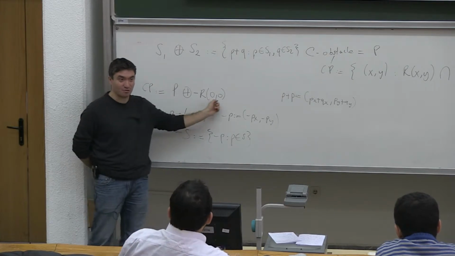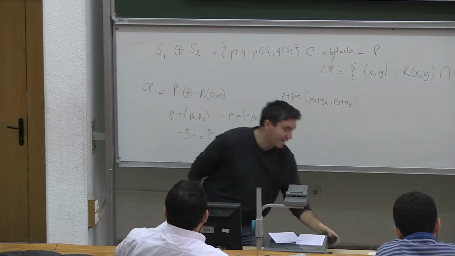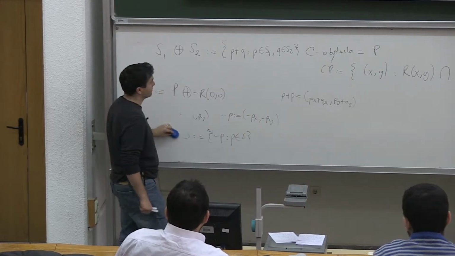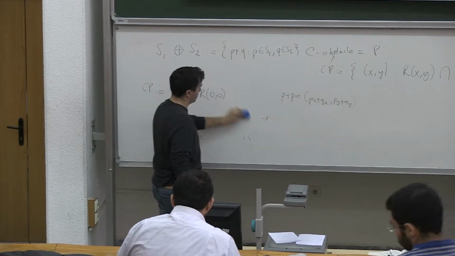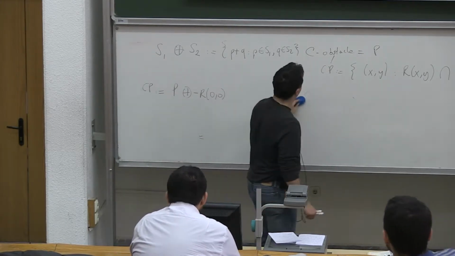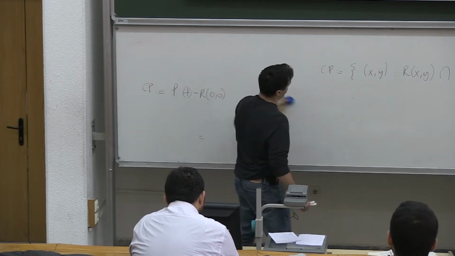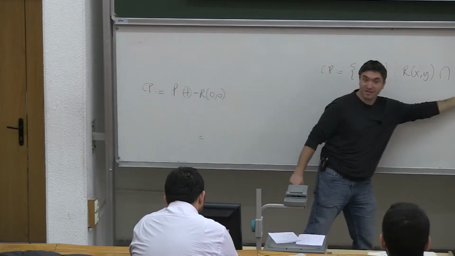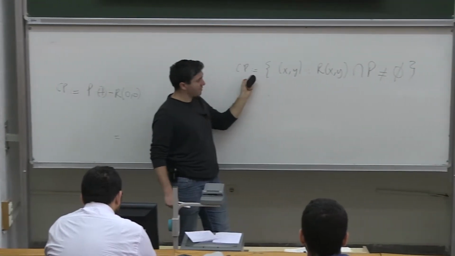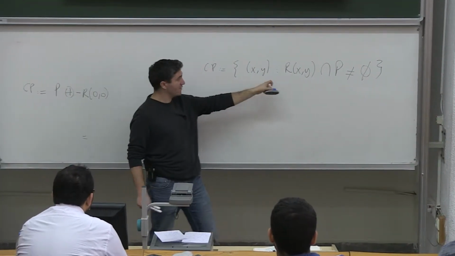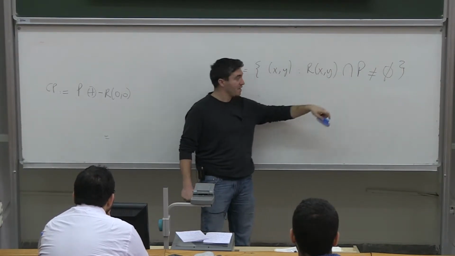Is it really true? In order to prove it, we need to tie these two things together. Here was the original definition of the configuration space obstacle: all the points XY in which RXY and P intersect.